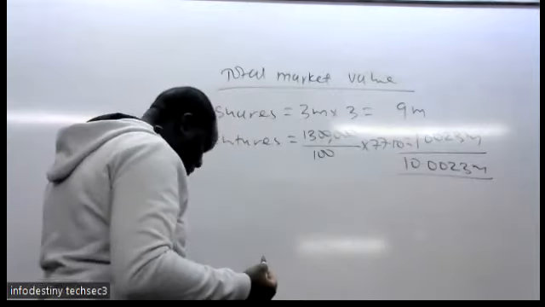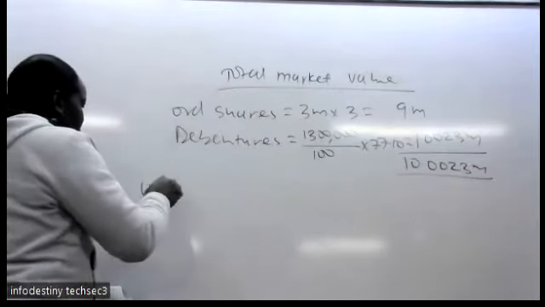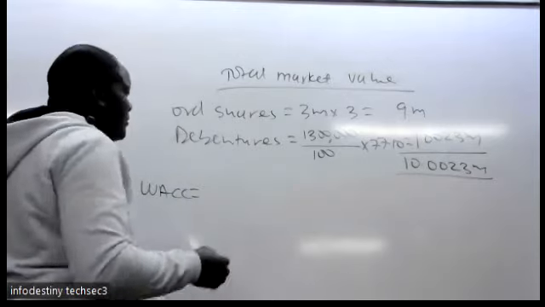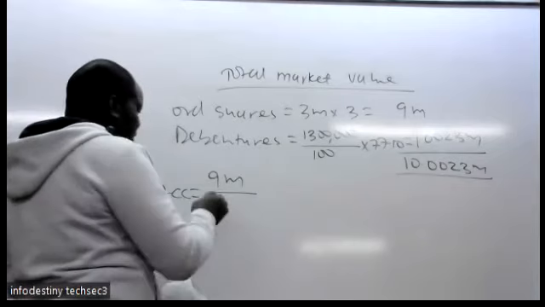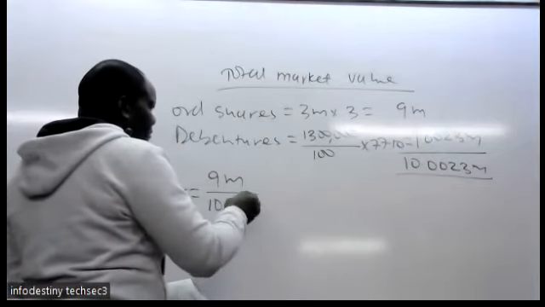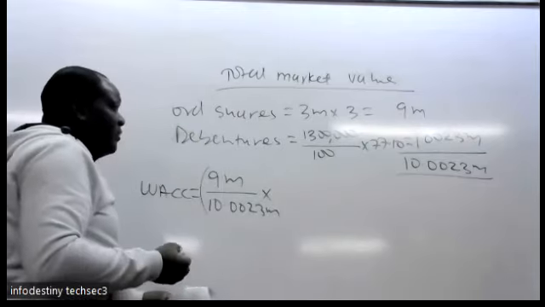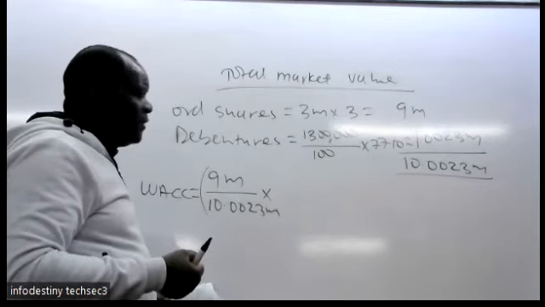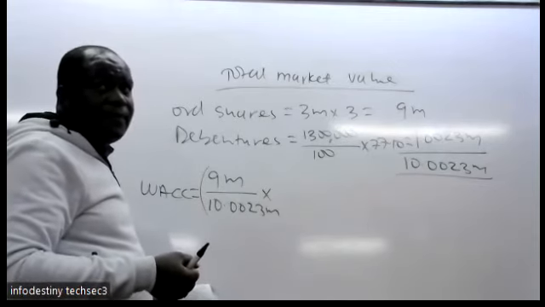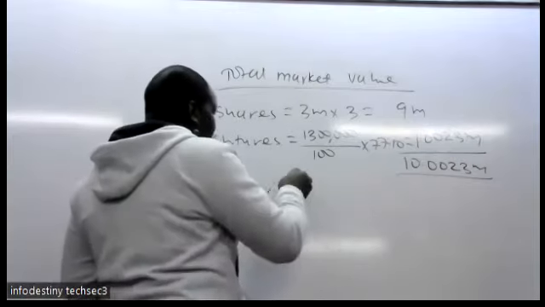So to get our WACC, you simply take 9 million divided by 10.0023 million. What was the cost of the ordinary share? 16.1.